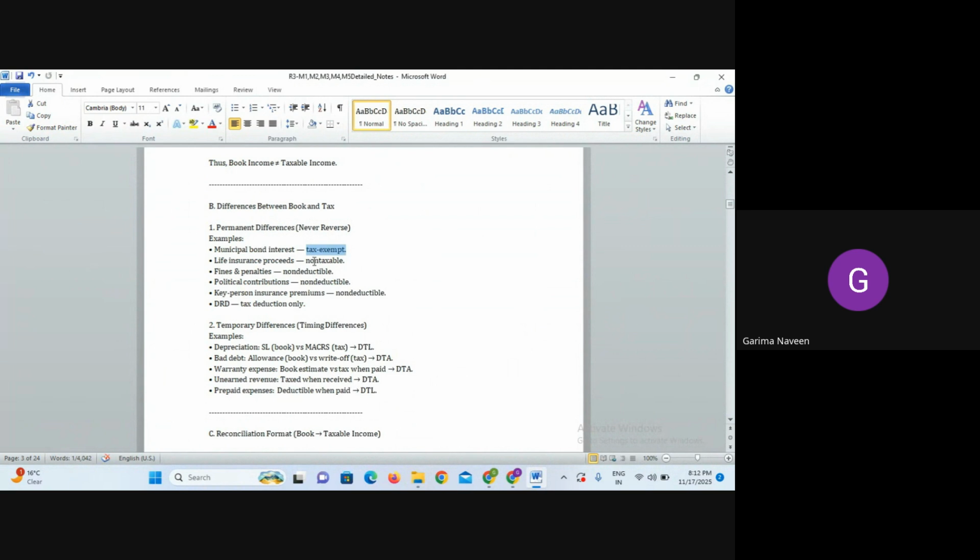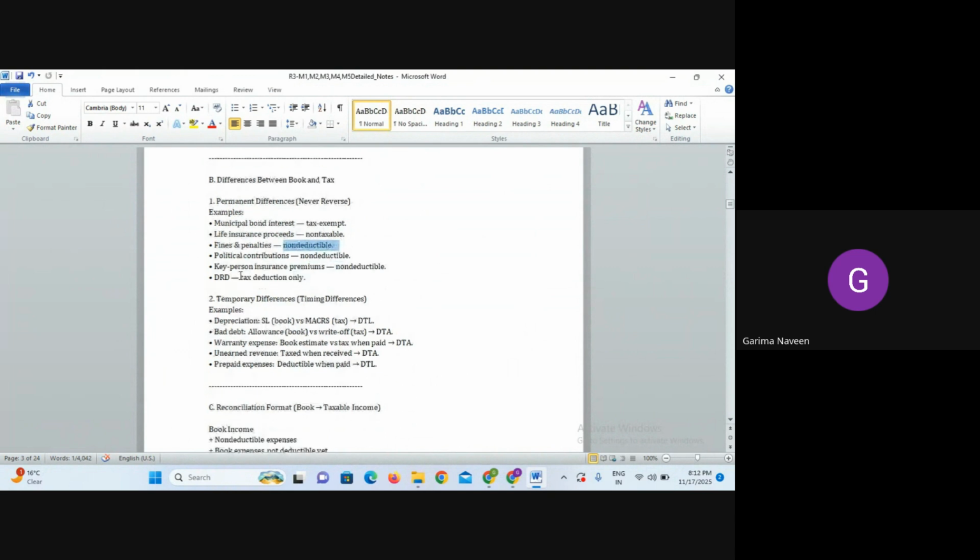Similarly, life insurance proceeds are non-taxable income. Fines and penalties you can deduct from your book income but not from your taxable income, so it is a non-deductible expense for tax purposes.